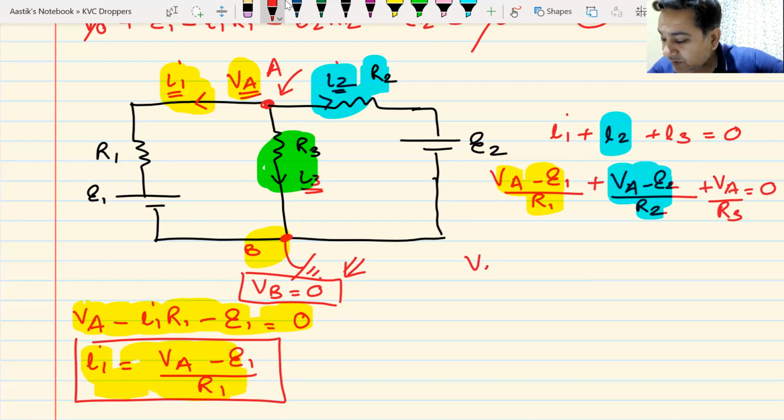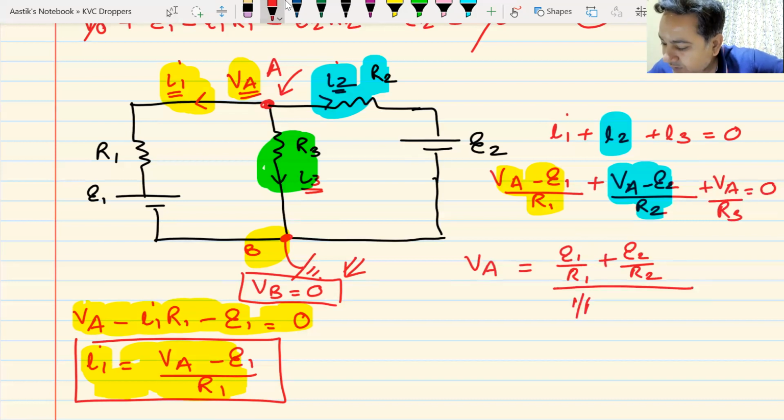From here I can get the value of VA. I should not write it like this because there is no battery at one end, so I'll just write it in the normal form. In the normal form, it looks like E1 by R1 plus E2 by R2 divided by 1 by R1 plus 1 by R2 plus 1 by R3.